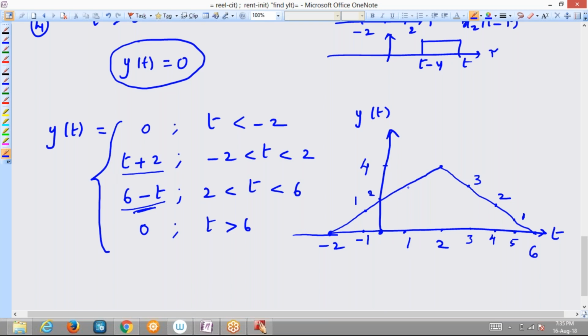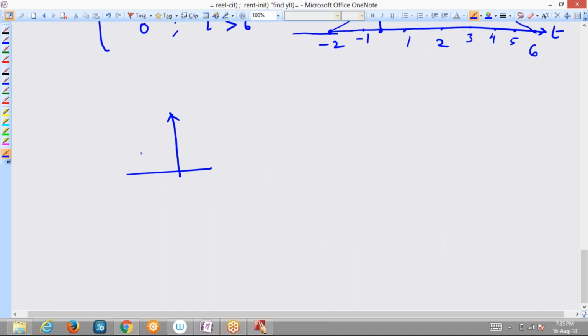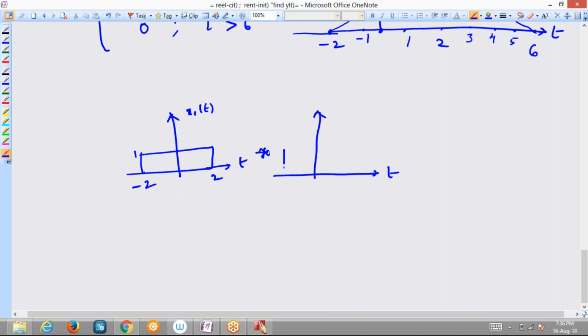So we can conclude that a rectangular function from minus 2 to plus 2 convolved with the same rectangular function should be equal to a triangular function.